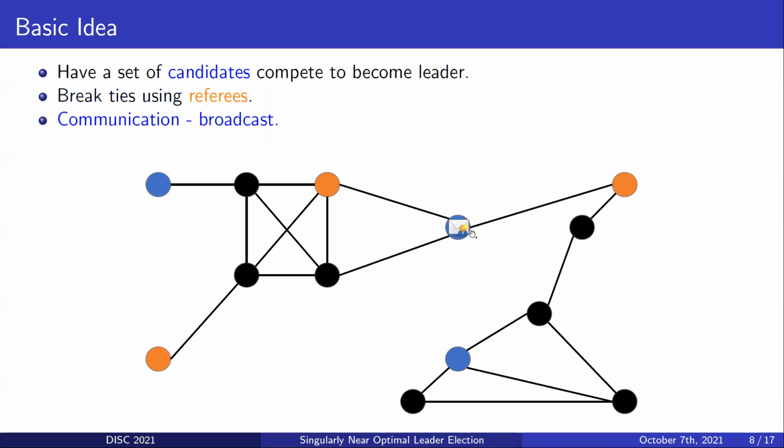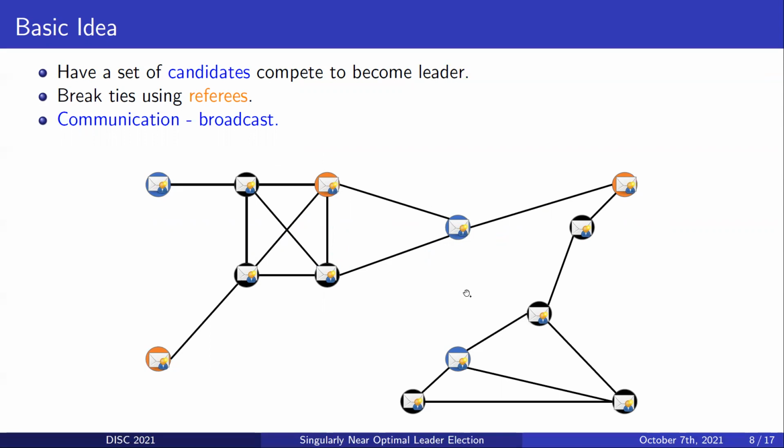And finally, whenever I want to communicate a message, even if this node wants specifically to get a message to this node, we use a simple broadcast, a simple flooding primitive to ensure that messages reach the desired target node. So if there's a message here, just spread it or flood it.